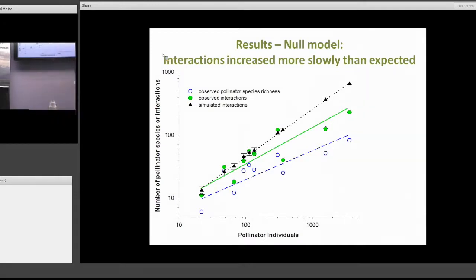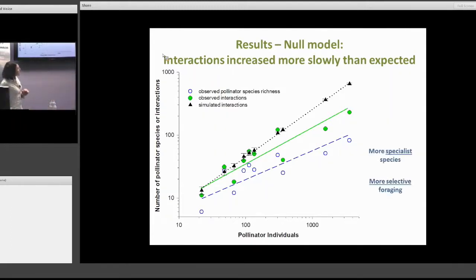However, when we modeled the expected number of interactions across the same range of pollinator individuals, the observed was much less. It was shallower than expected. So this is on a log-log scale, so these differences are bigger if you show them without that.